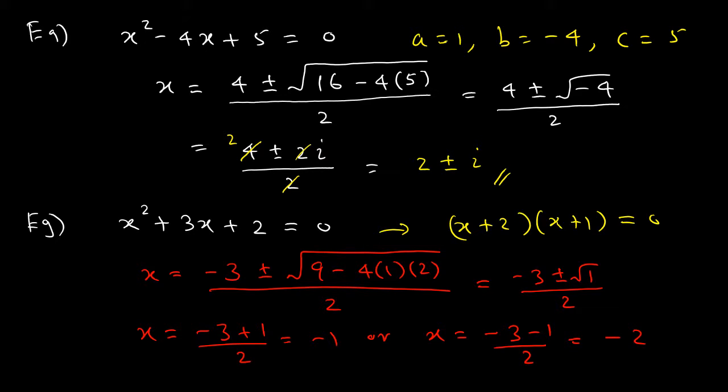And you can see that these are exactly the same solutions that you get from the factors, x equals negative 2 and x equals negative 1. So even if you use the quadratic formula by mistake, you still get the same solution.